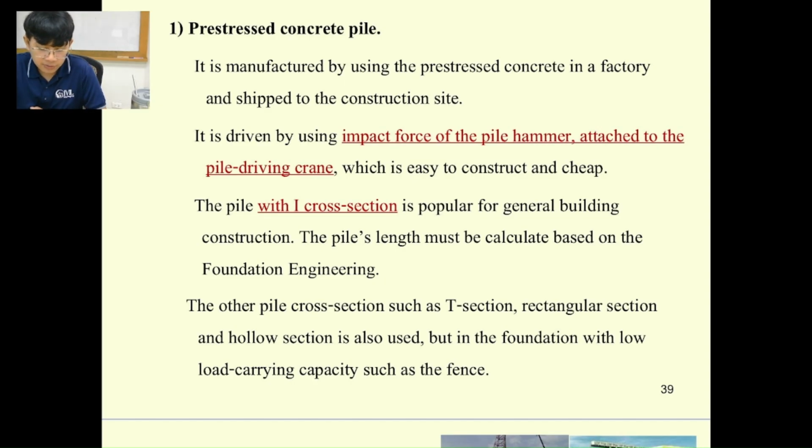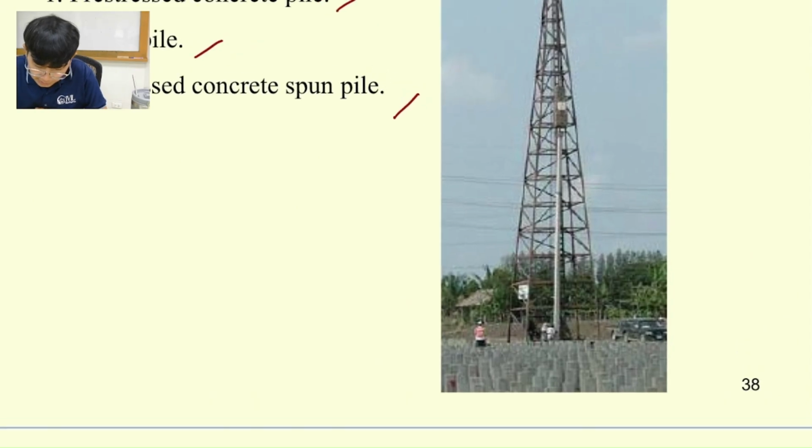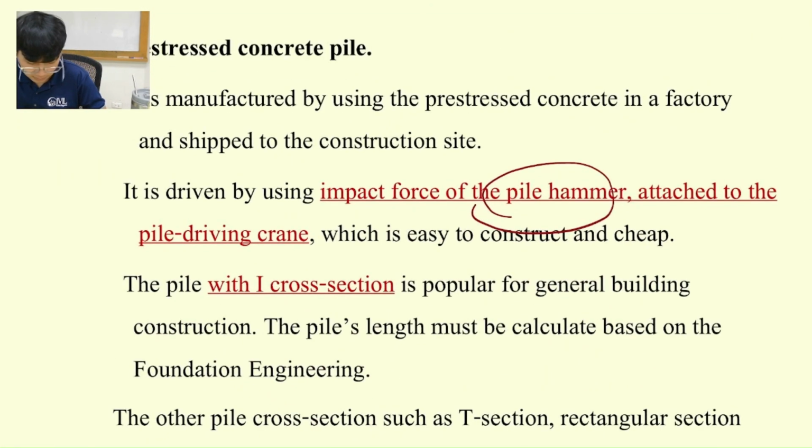It can be driven into the ground by using pile hammers. For example, this one. You can see that this is the precast pile, and we have the hammer on top, and then we release the force. It puts an impact load on top of the pile, and then it's going to go under the ground. Okay, like this.